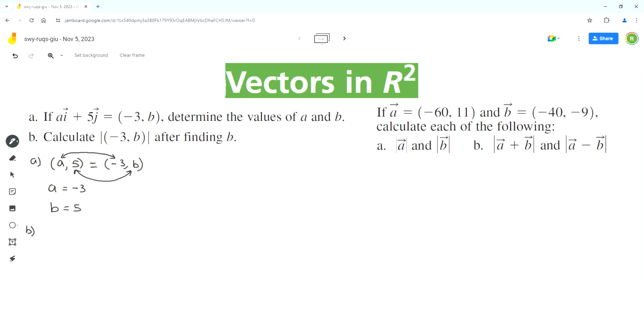In part B, calculate the magnitude of negative 3 comma b after finding b. So we know that the b value is 5, so we have to find the magnitude of vector negative 3 comma 5, and we can find the magnitude by squaring the two components and adding the squares and applying the square root to the sum.